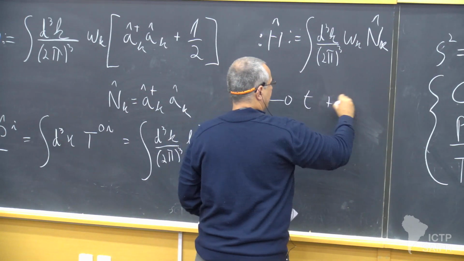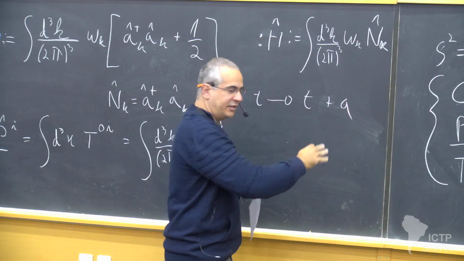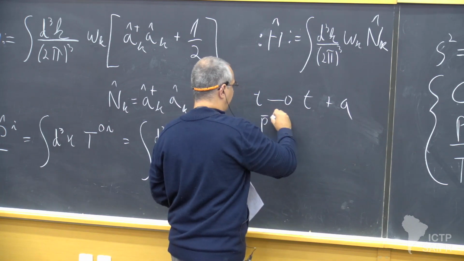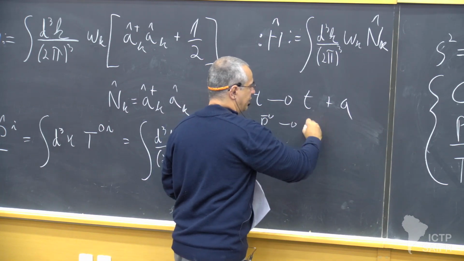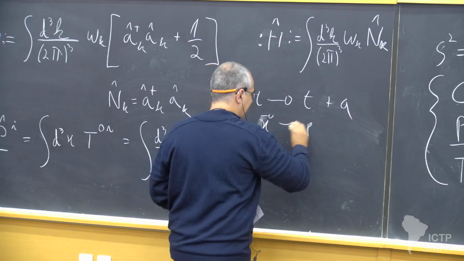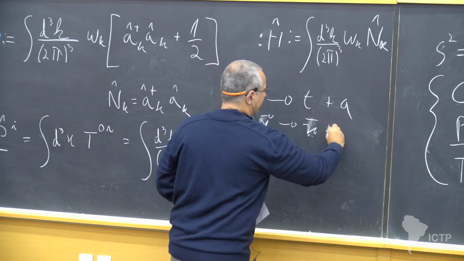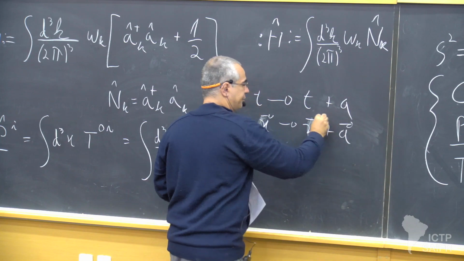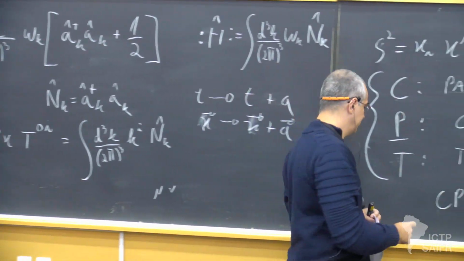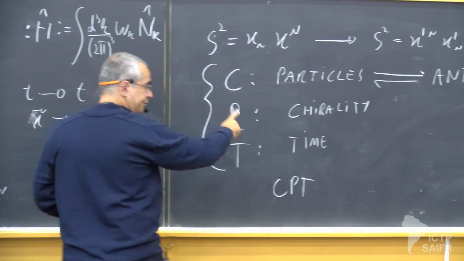You just translate your system in time. This leads to energy conservation. Translation in position leads to momentum conservation, right? So these are all continuous symmetries. These ones are not.